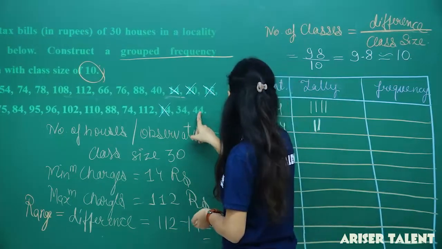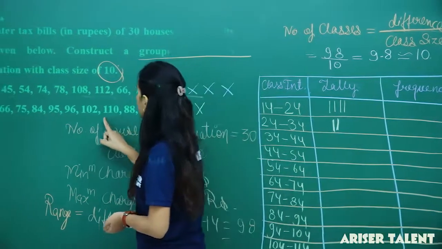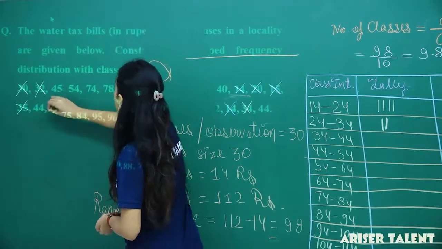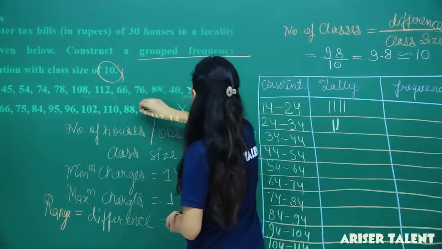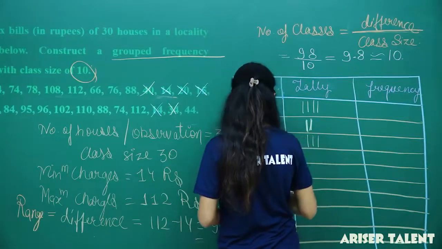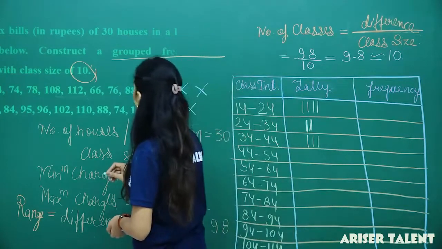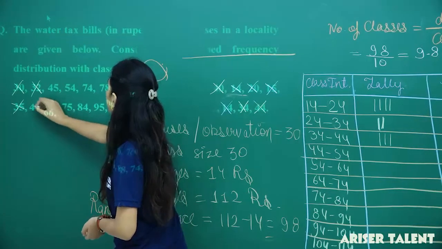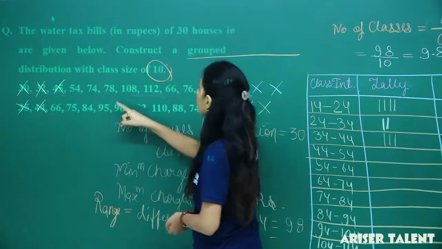Then 34 to 44. Now 44 is not included, but 34 is included. 1, 2, 3. Okay, so I have counted 3. Now 44 to 54. So this is included, 1, 54 is less than 54, 2, 3, this is not included.